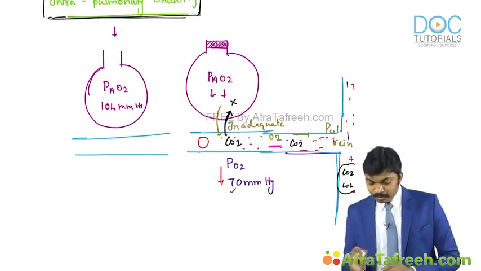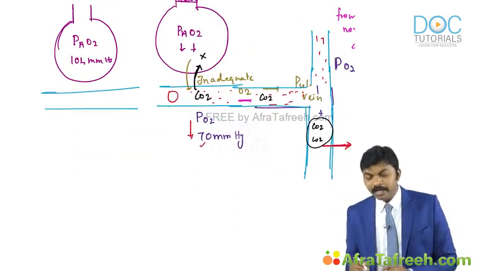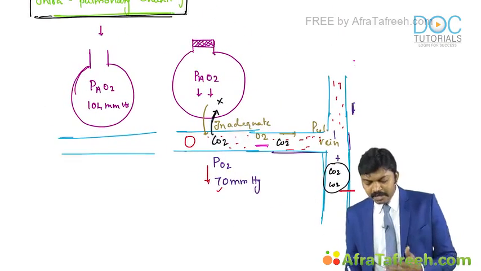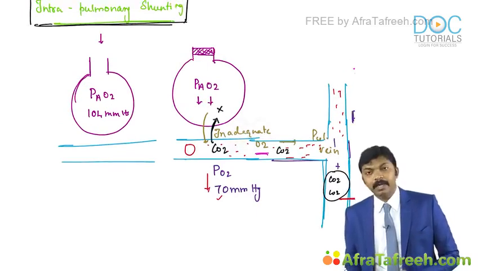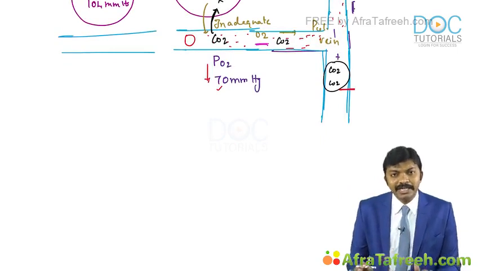Right, doctors? Now, please understand this. When there is intrapulmonary shunting, it means that alveoli are not getting enough oxygen. This happens to a certain degree.